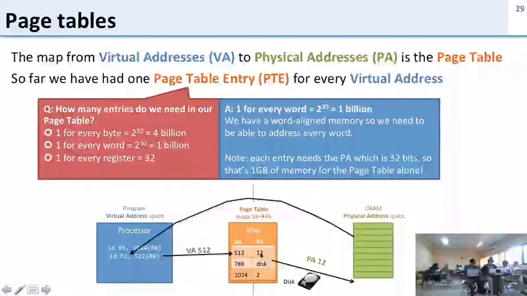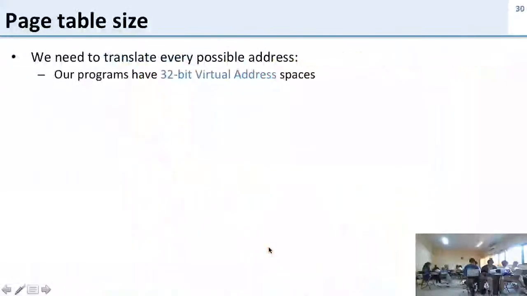And each one of these entries is pretty big. It has to say what's the virtual address and the physical address, so it's at least 32 bits. So that means this is about 1 gigabyte of memory just to keep track of this page table. So this doesn't sound very good. I mean, we'd have to use up a whole gigabyte of memory just to keep track of the memory for one particular program. So how are we going to solve this?